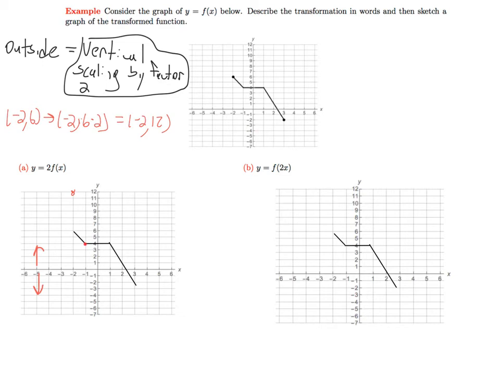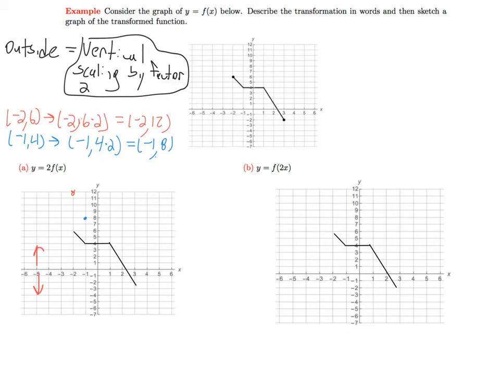The point at minus 1, 4 has a vertical distance of 4 units, and now it's going to have a vertical distance of 8 units away from the x-axis. So it's going to wind up at minus 1, 4 times 2, in other words, minus 1, 8 over here. And we do this for the other point.